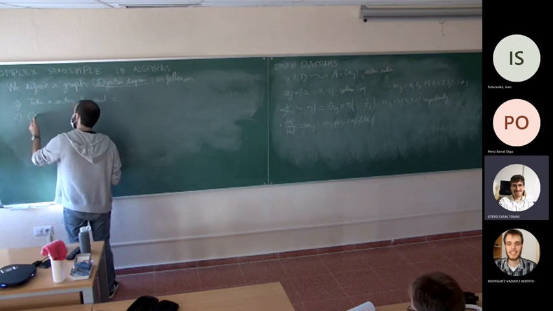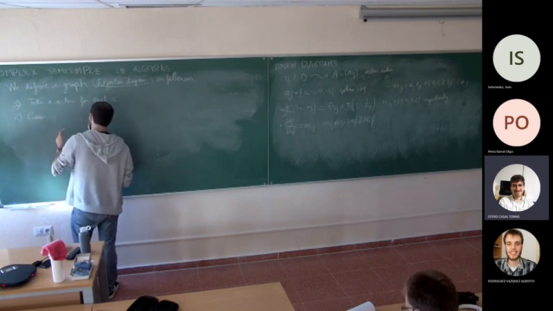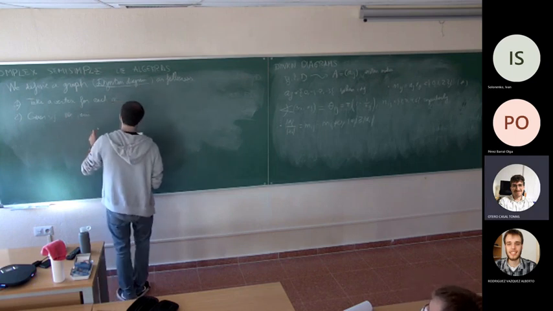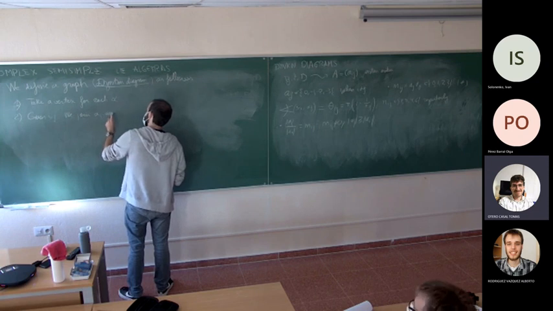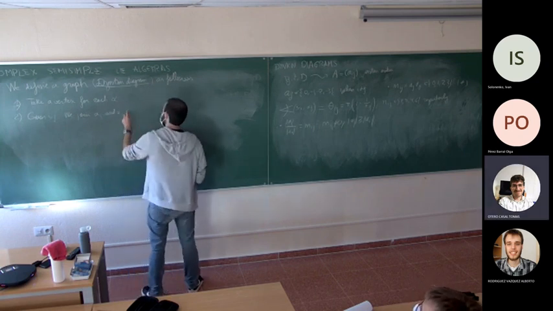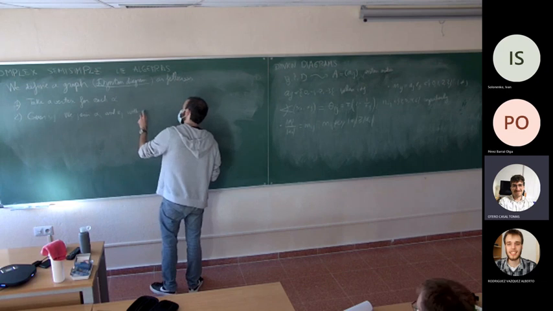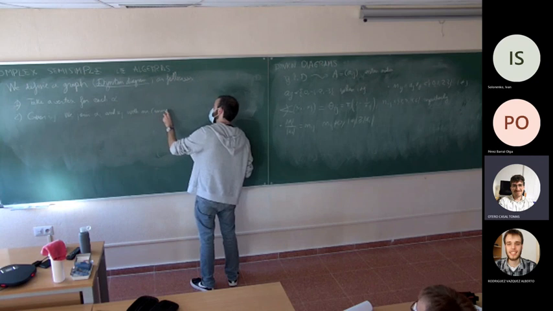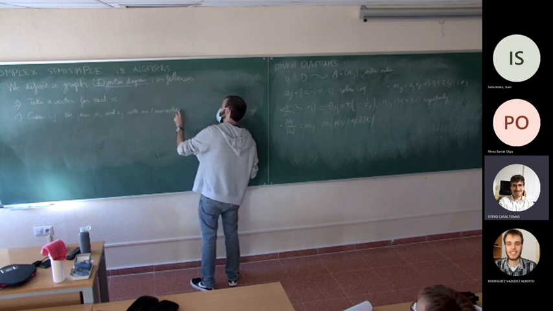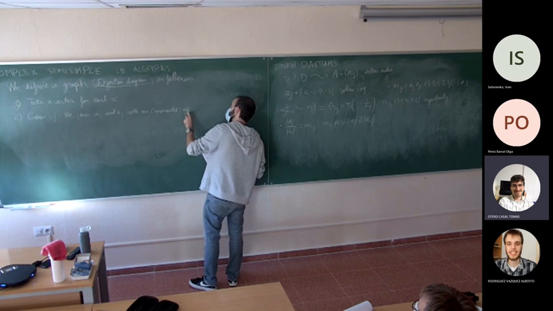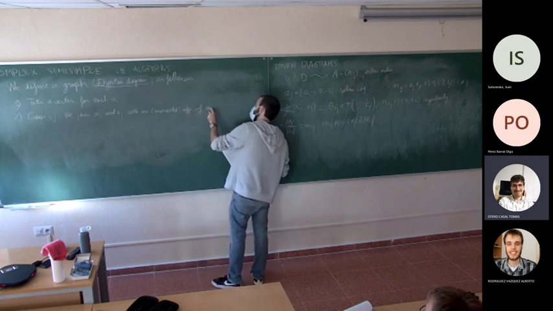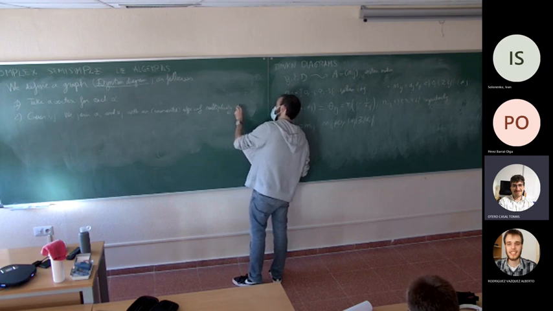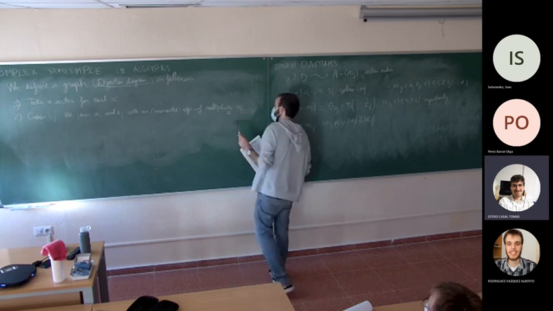Second, given i and j, we join alpha_i and alpha_j with an unoriented edge of multiplicity m_ij.